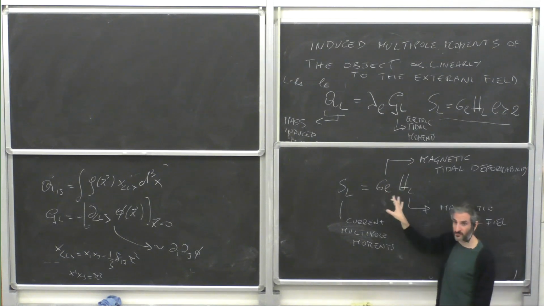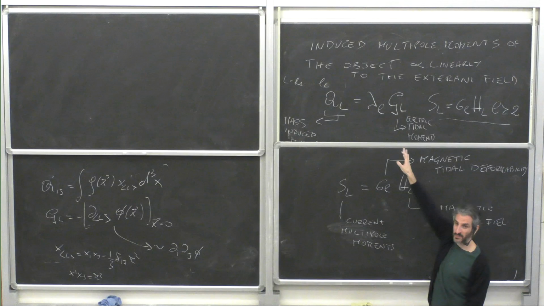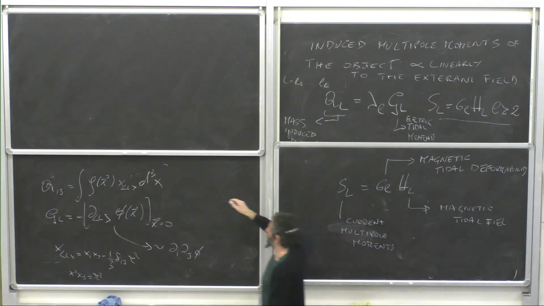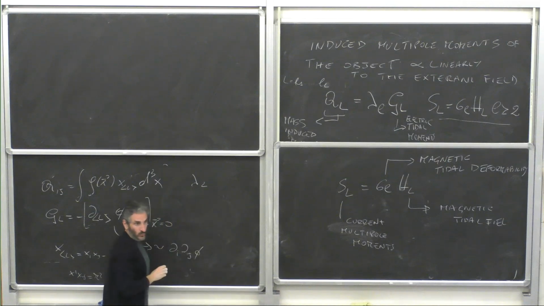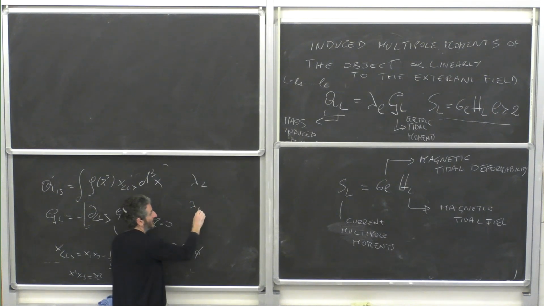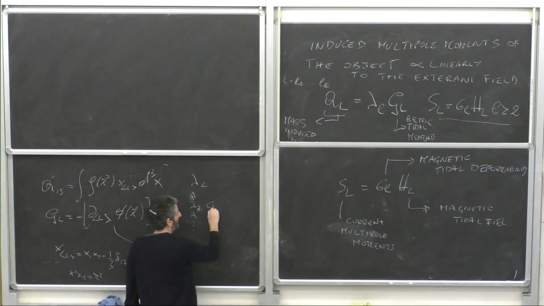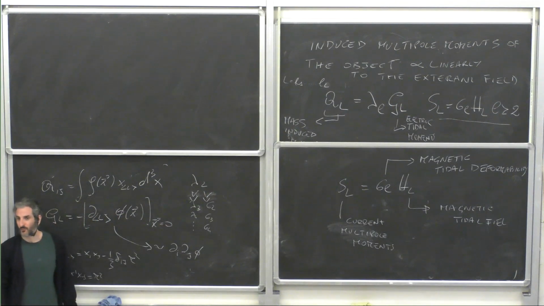All the group of these terms will be subdominant to the L equal to 2, lambda 2. So you have lambda 2, and we have seen that lambda 3, lambda 4, and so on will always be smaller than lambda 2, so we don't care. But also sigma 2, sigma 3, sigma 4, sorry, the wrong sign, will be way smaller than lambda 2.